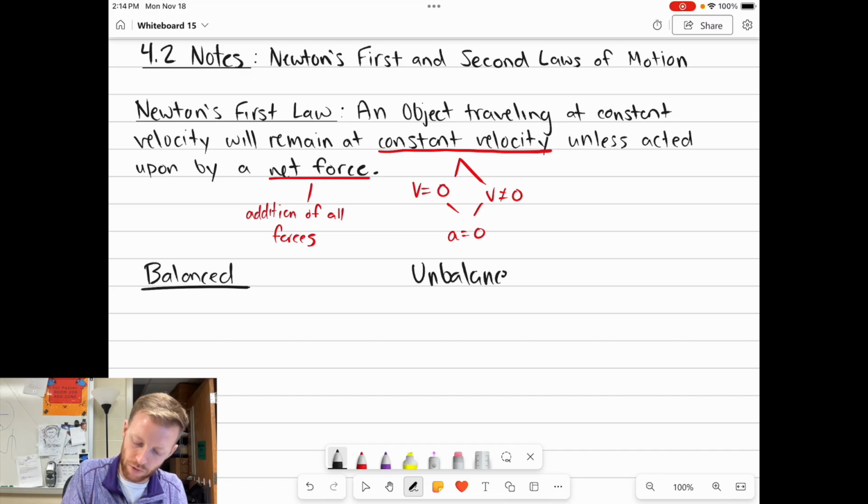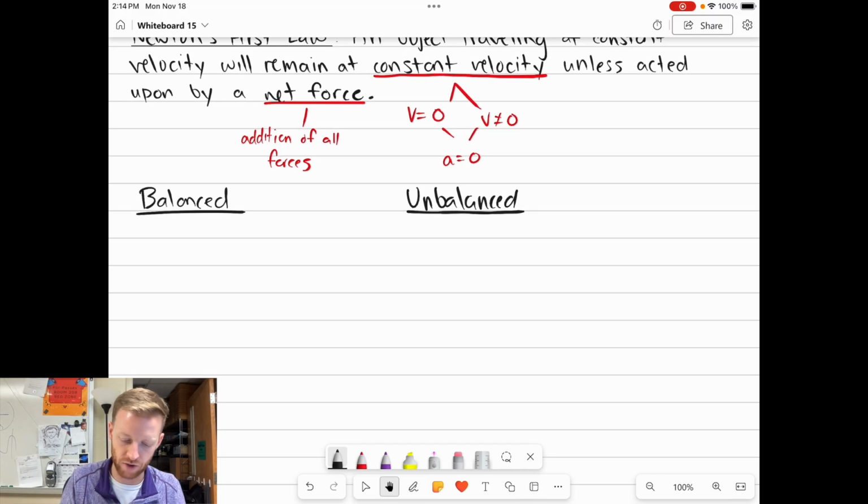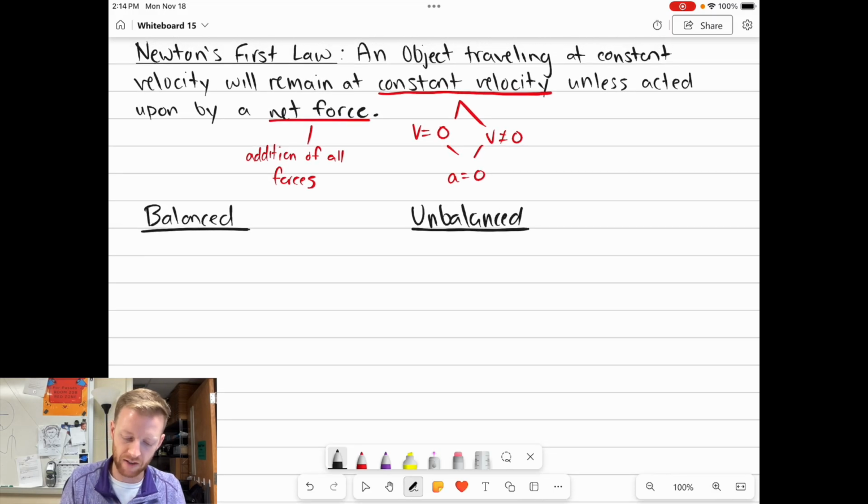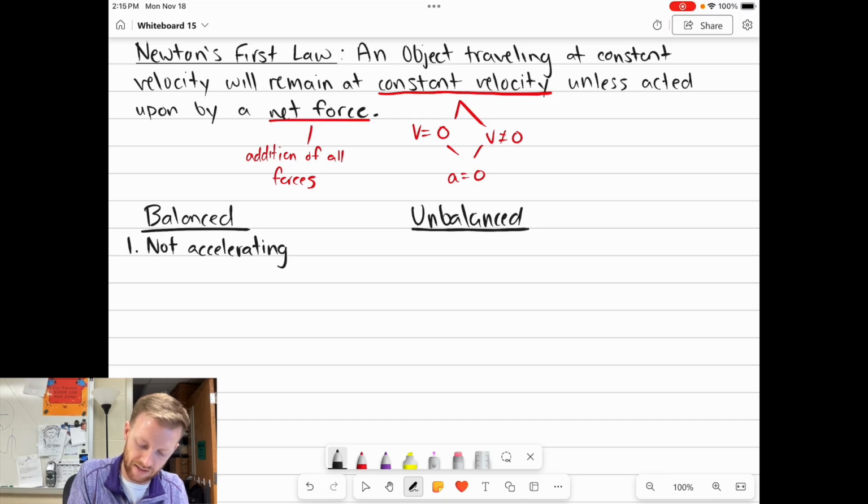And these both have different meanings, different things that happen during them. So if I am experiencing a balanced force, there are two things going for me. Number one, my object is not accelerating. The velocity is constant. And secondly, my net force is equal to zero.